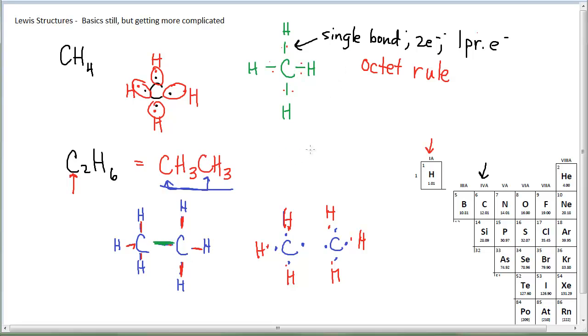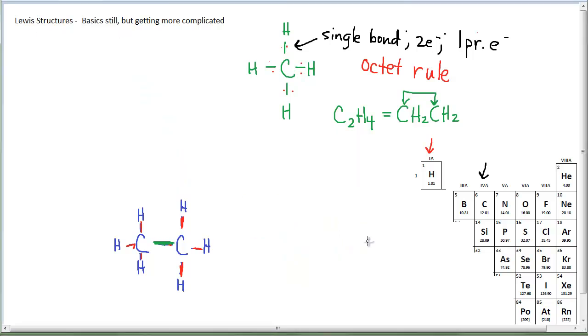If I have something like C2H4, another way to write that is CH2CH2, and I have 2 carbons connected to each other, and each carbon has 2 hydrogens. Now in this case, let me get a little space. I have a carbon connected to a carbon, and each of the carbons has only 2 hydrogens connected to it.